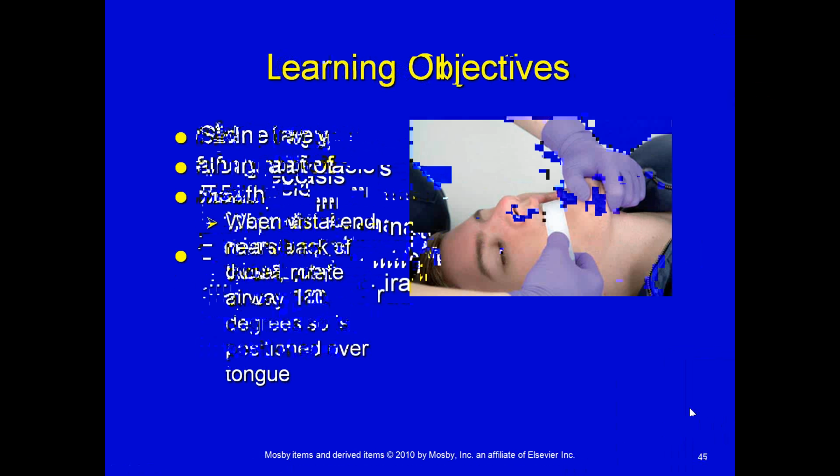The American Heart Association no longer recommends one-person bag valve mask because it is so difficult to do. If you don't have a really good seal, you're not going to get adequate tidal volume. You're going to have the chest rise a little bit, but we need the chest to rise fully every time that we give a breath. You can get tired trying to hold the mask and squeeze it yourself.